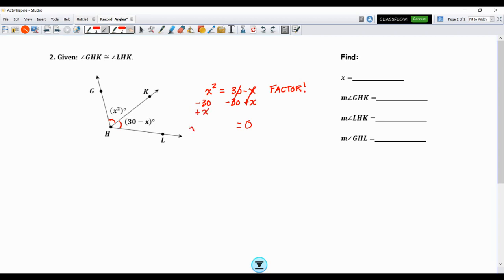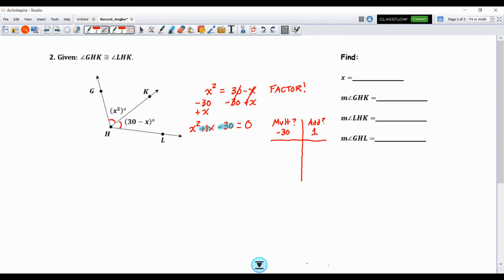And we'll rewrite our terms as x squared plus x minus 30. Next, we're going to look for things that multiply to give negative 30 and add to give positive 1. Remember, there's an understood 1 there. When we consider things that multiply to give 30, we have 1 times 30, 2 times 15, 3 times 10, and 5 times 6.